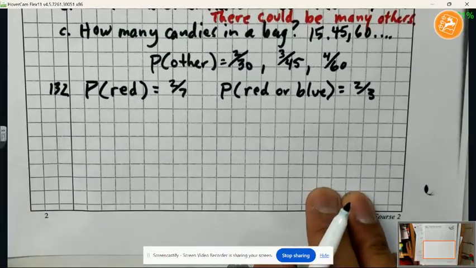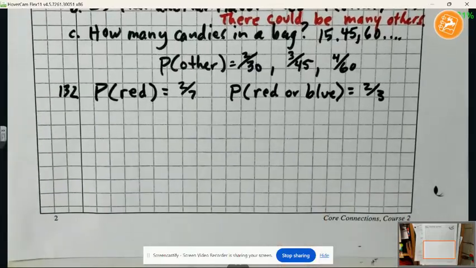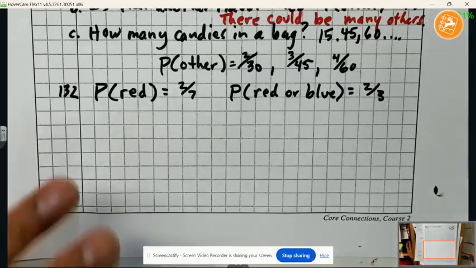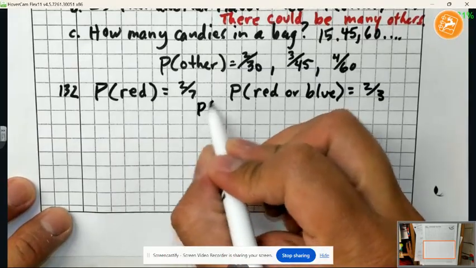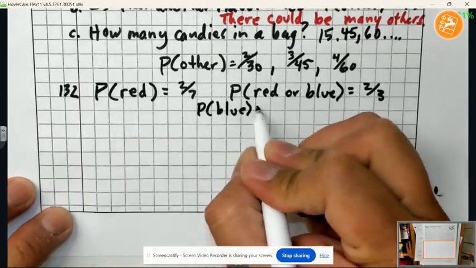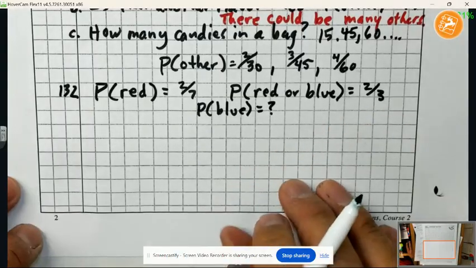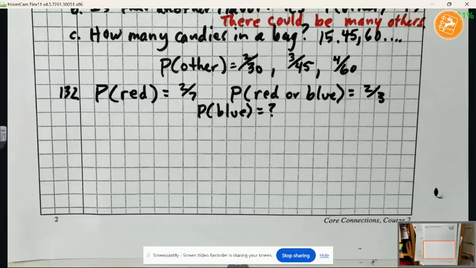The problem is, what is the probability of getting blue? The probability of blue is what we're trying to figure out. So think about that, see what you can come up with.